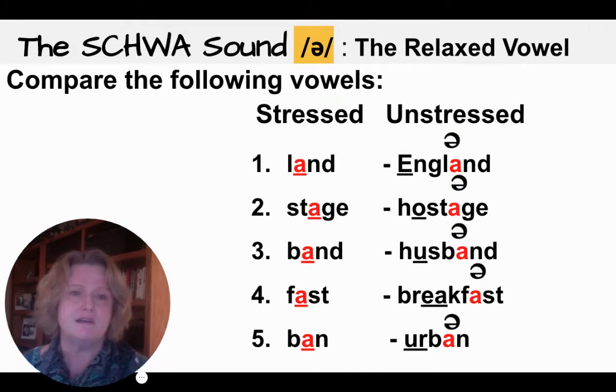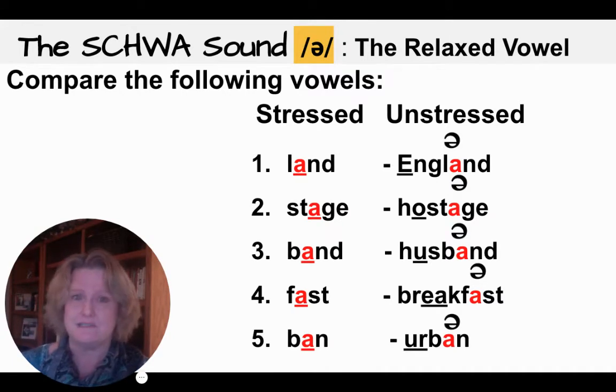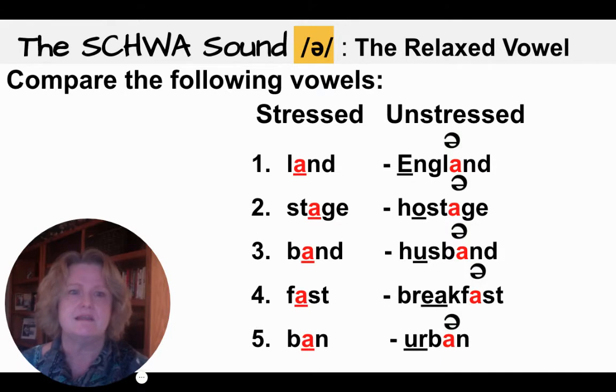If they're not stressed, as in land, that's stressed. But England, the E is stressed. So let's look at how this works. So land is a kind of black sound, but England has a stress on ing, which is silver, and land becomes lund, just a schwa instead. England.